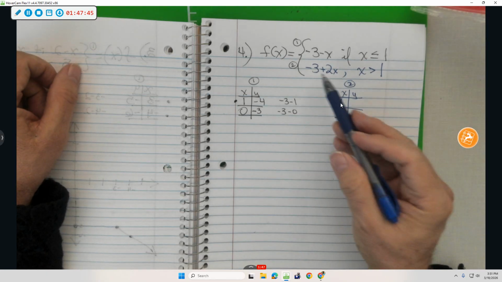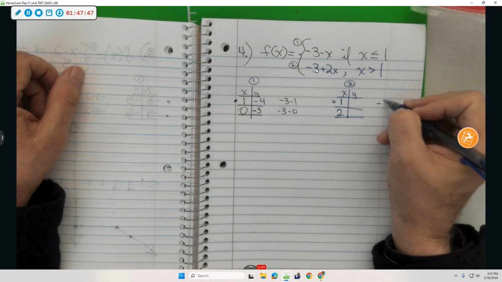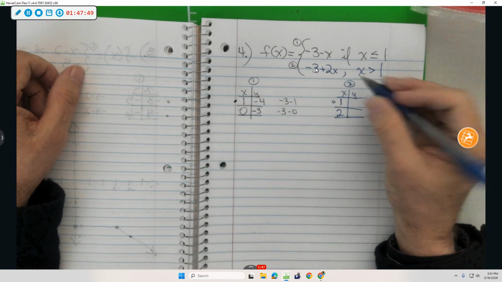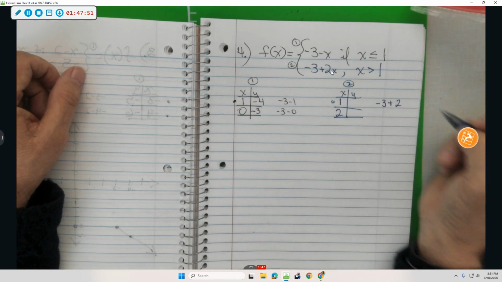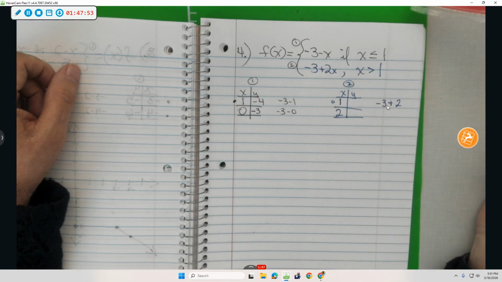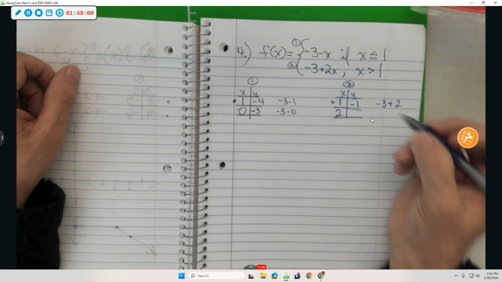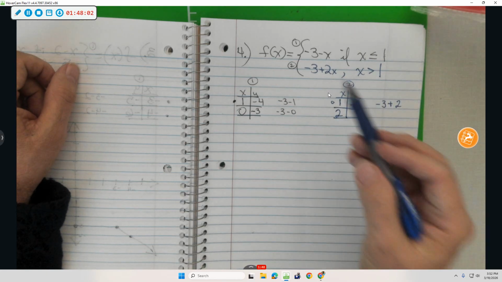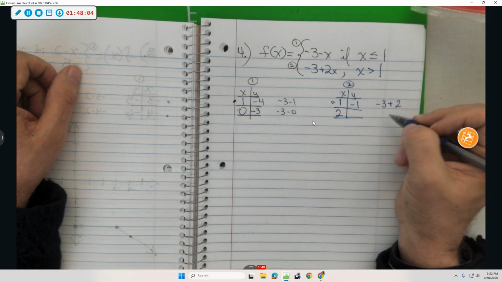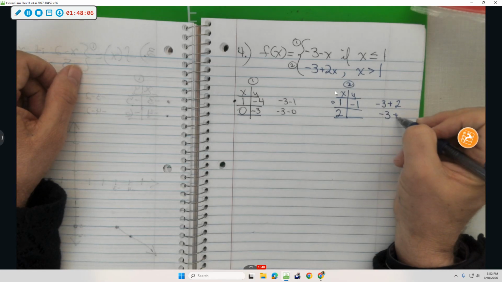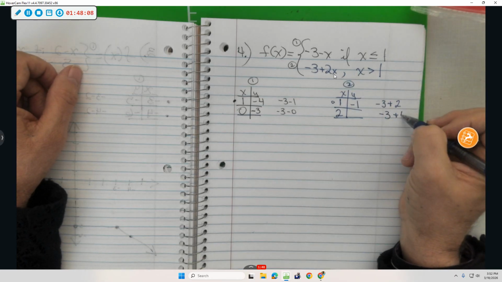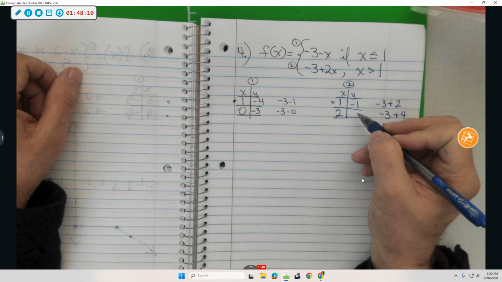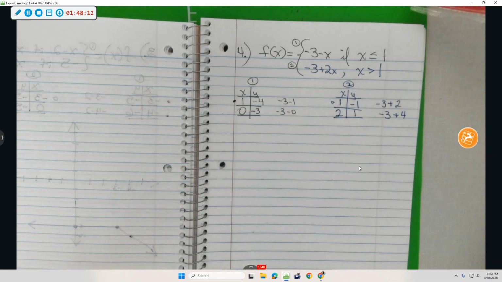Plugging in 1, we get negative 3 plus 2 times 1, which is 2. What's that going to give me? Negative 1. Plugging in 2, we have negative 3 plus 2 times 2, which is 4, giving me a positive 1.